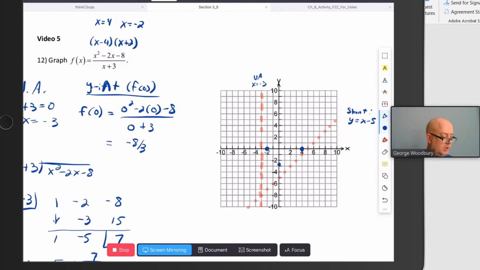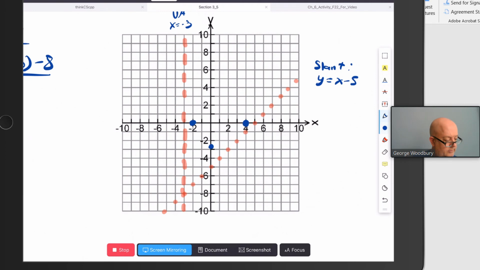So let's zoom in and give a rough sketch of that. And so that's going to continue on to the right. And so I don't have to worry about graphing it below there.